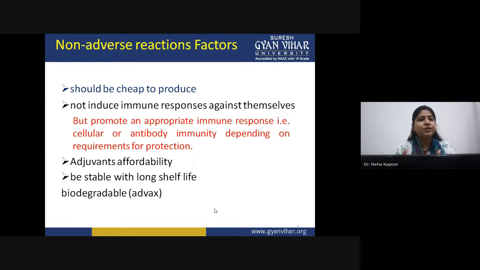Then is adjuvant affordability. It should be affordable, or it shall be in such a range that each and every person can afford the vaccine that contains the adjuvant. Next, it should be stable with a long shelf life and biodegradable also. That means its shelf life shall be quite long, so that the vaccine shall not be ruined, and it shall be biodegradable.